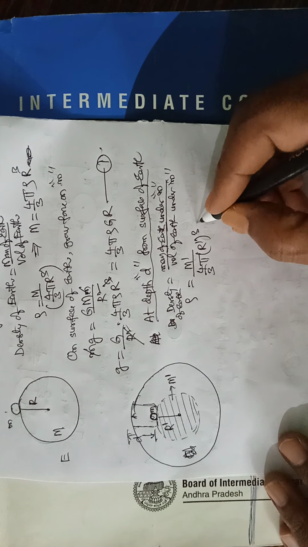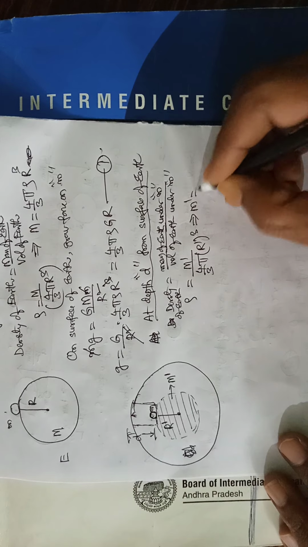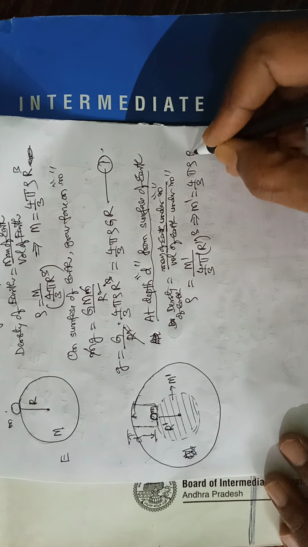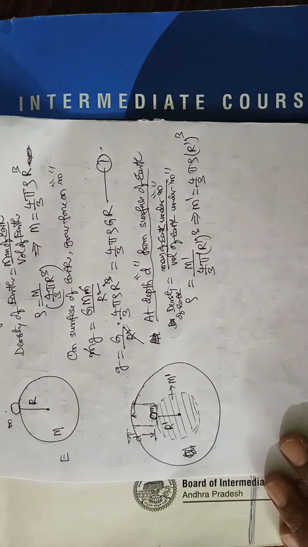So from this you get m dash is equal to 4 by 3 pi rho r dash cube.